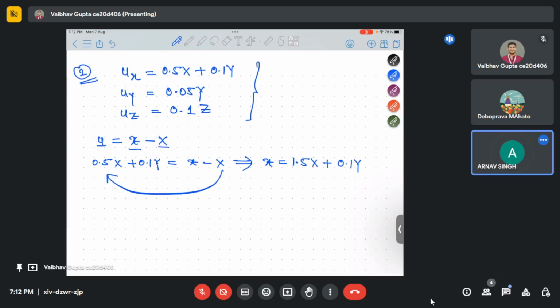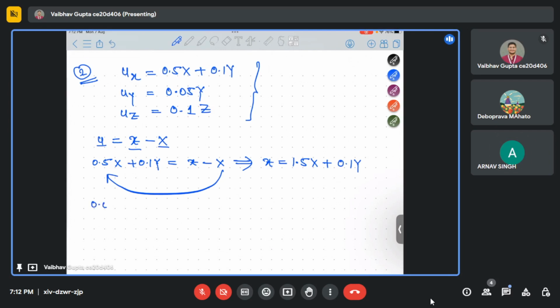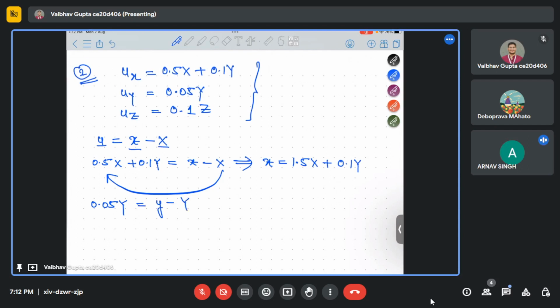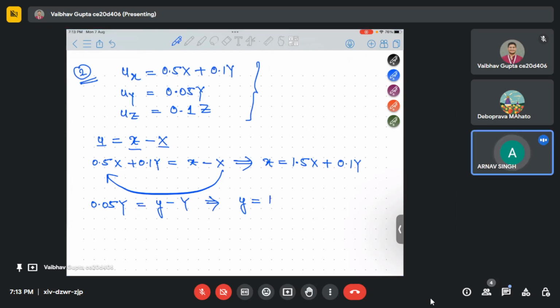Now you will write uy: 0.05y is equal to small y minus capital Y. So small y will become 1.05y.